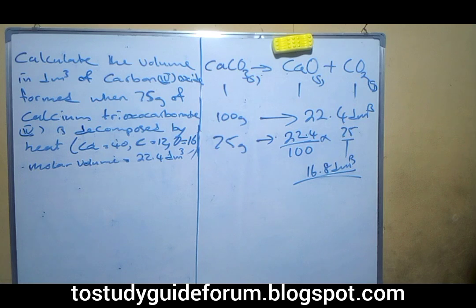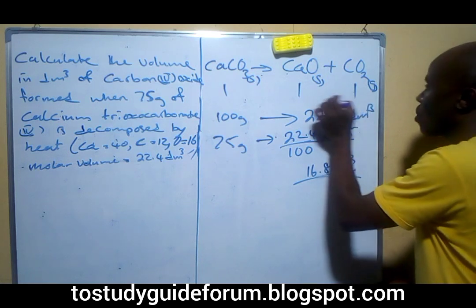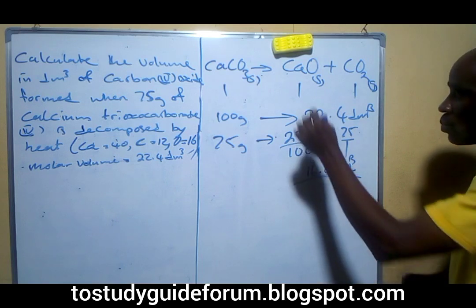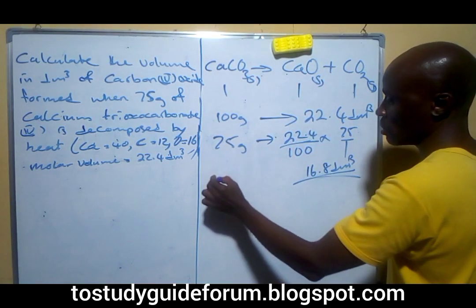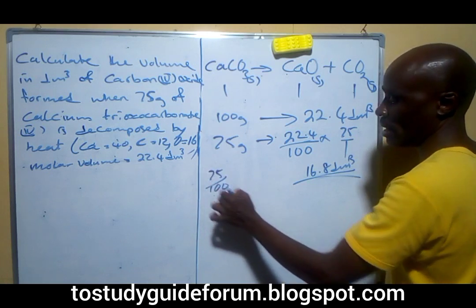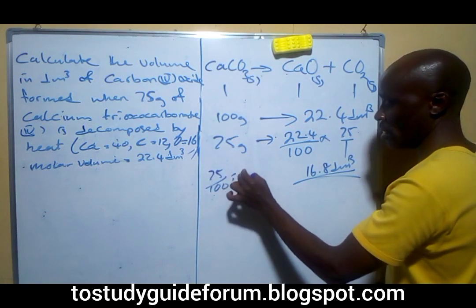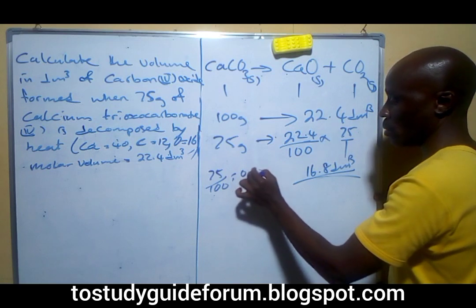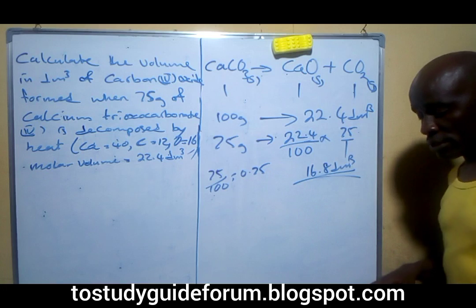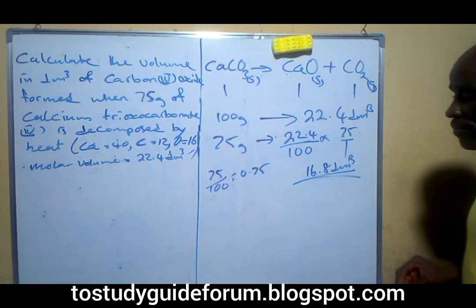Now, if we want to work in moles, like I said in the other calculation, if you convert this to moles, you say that the reactive mass over molar mass will give us the number of moles. So that is 0.75 moles.